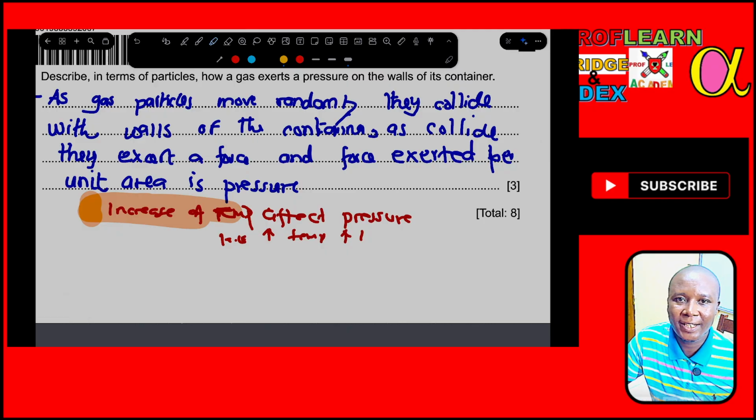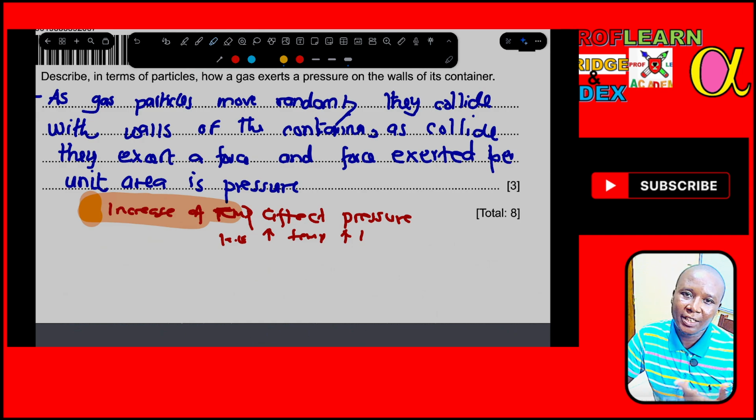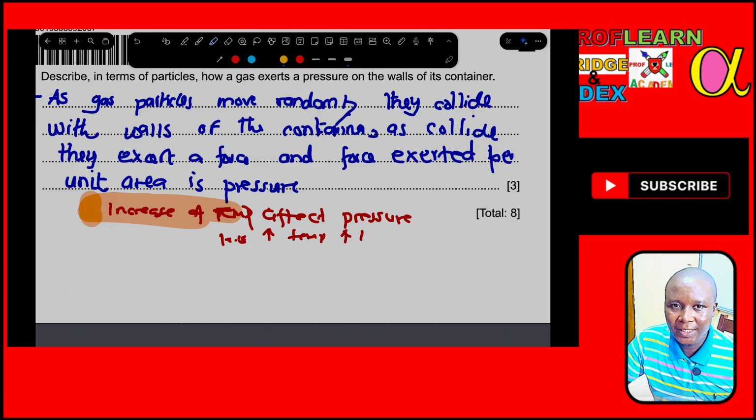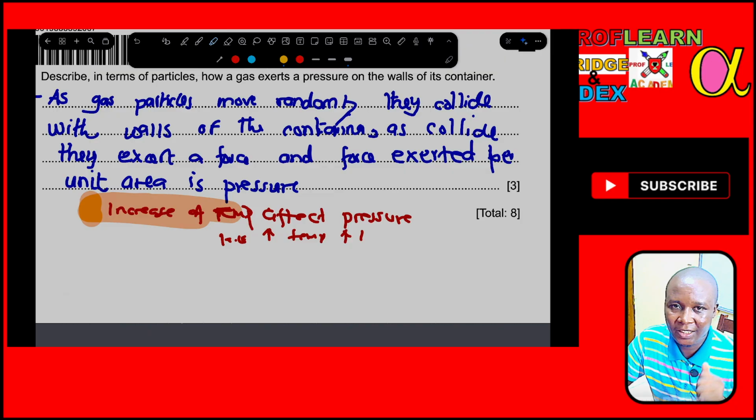As they move around, they collide with the walls of the container, exerting a force. And the force exerted per unit area is pressure. So the moment you are asked a question like this, remember that molecules move randomly, they collide with the walls of the container, and when they collide, they exert a force, and the force per unit area is pressure.